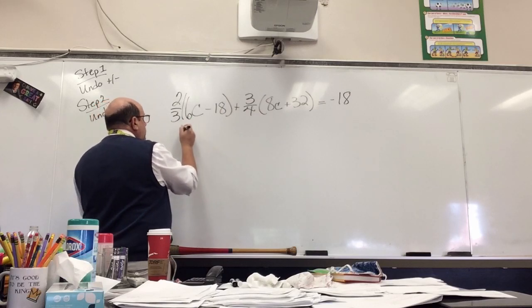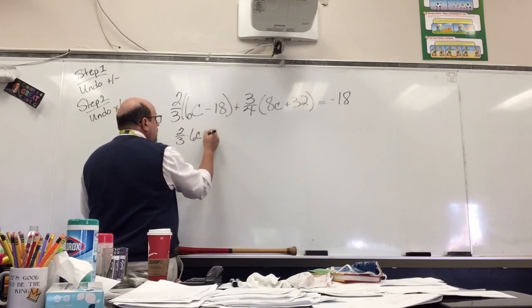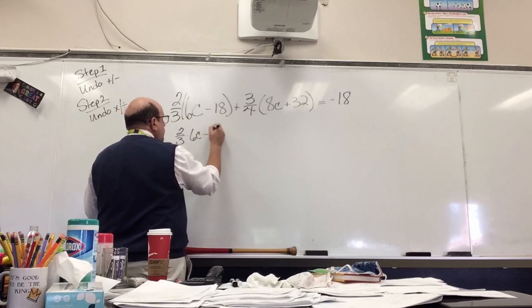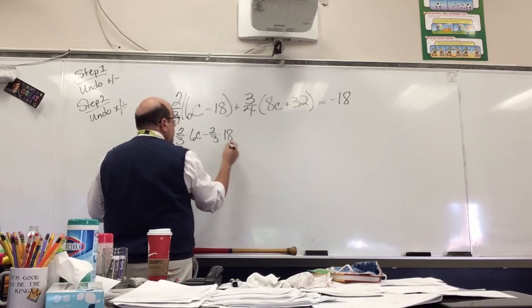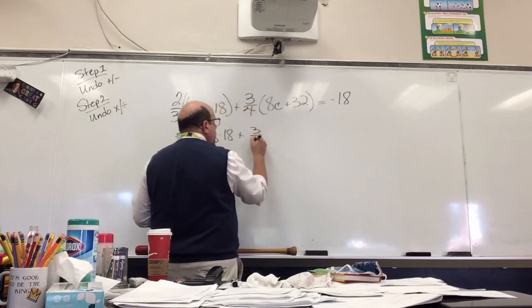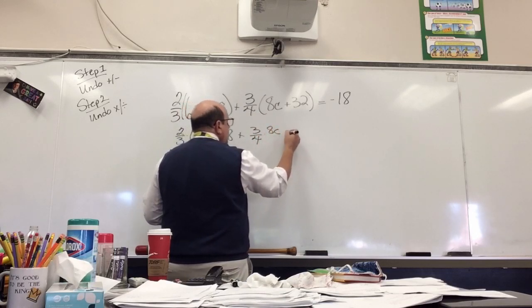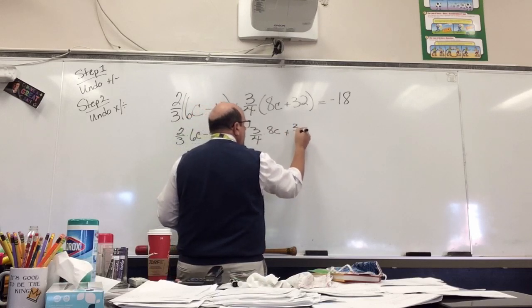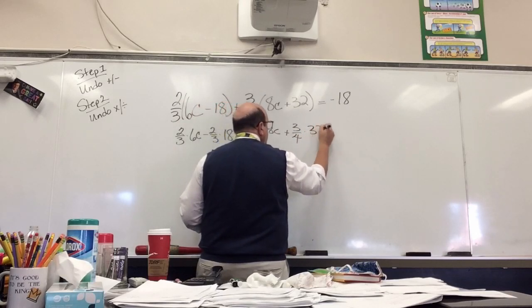2/3 times 6C minus 2/3 times 18. All right, and that's our new set. We're going to add to it 3/4 times 8C and add 3/4 times 32.